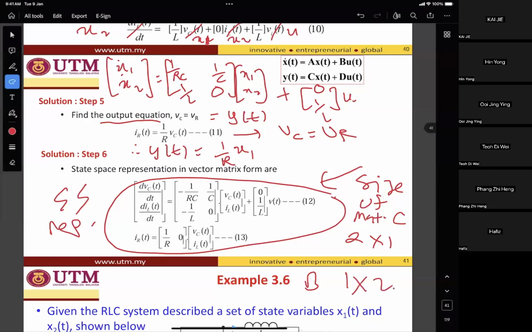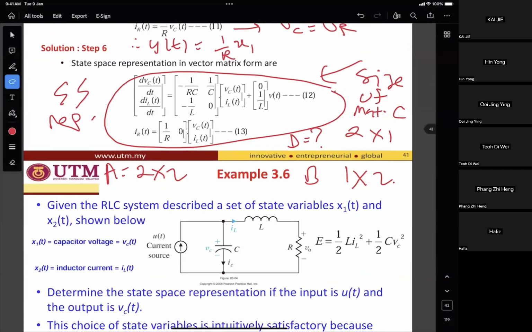Matrix A? 2 times 2. And where is matrix D in this case? What is matrix D in this case? It doesn't have matrix D in this situation. Matrix D does not exist. Okay, very good.